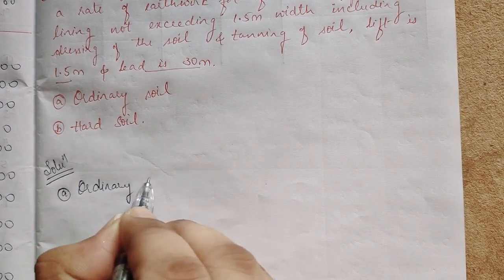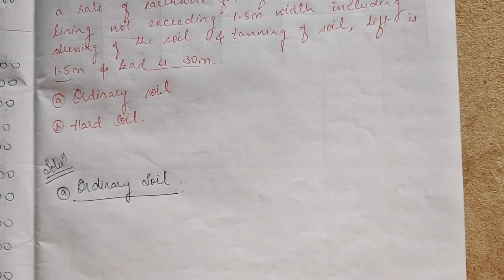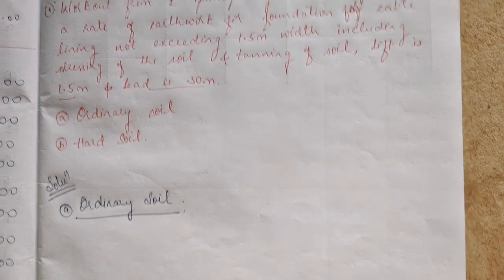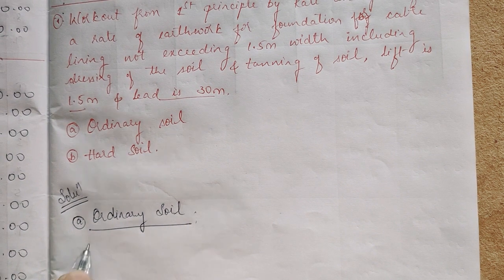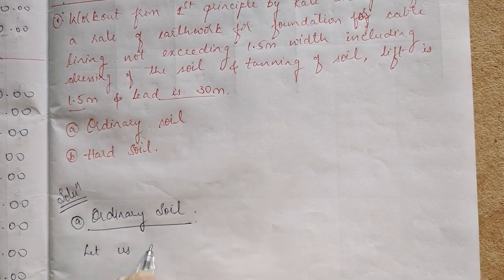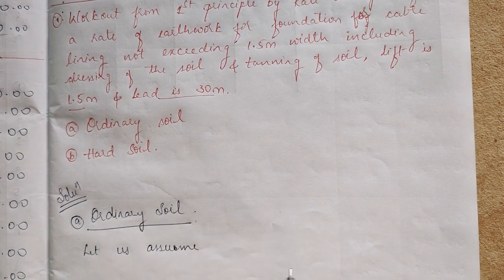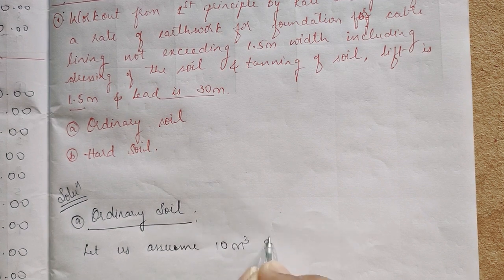Solution. I'll take first ordinary soil. We don't know how much we have to take, we just have to do rate analysis. So let us assume 10 meter cube of volume.